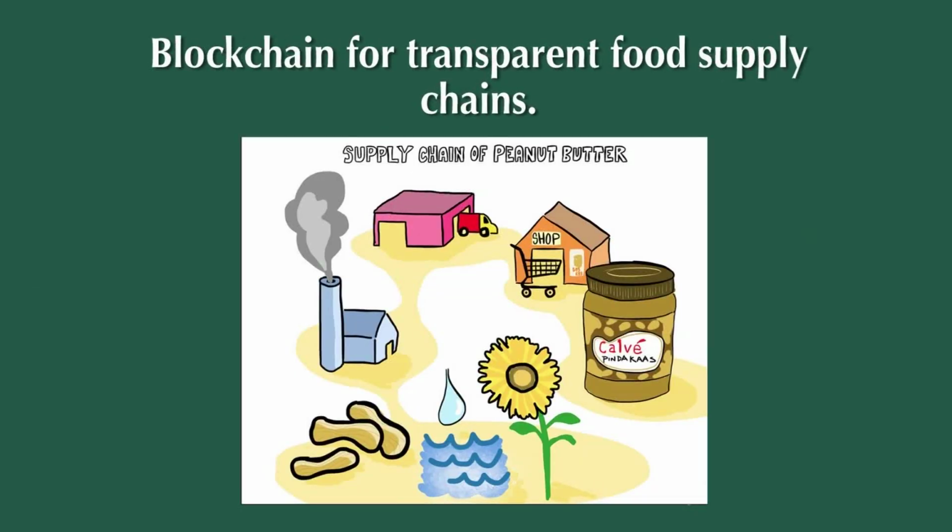Another important digital platform may be blockchain for transparent food supplies. Blockchain technologies can track all types of information about plants such as seed quality and growth of crop, and even generate a record of the journey of the plant after it leaves the farm.